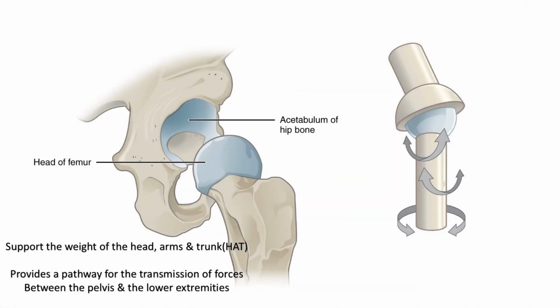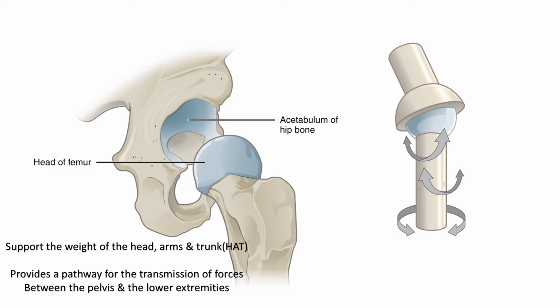Hip joint formed by the union of the acetabulum of the pelvis and the head of the femur. Ball and socket joint with three degrees of freedom: flexion extension in sagittal plane, abduction adduction in frontal plane, medial lateral rotation in transverse plane.